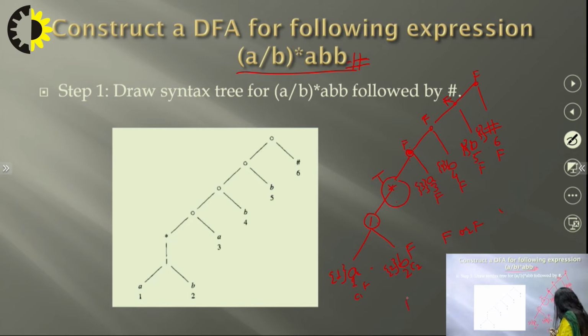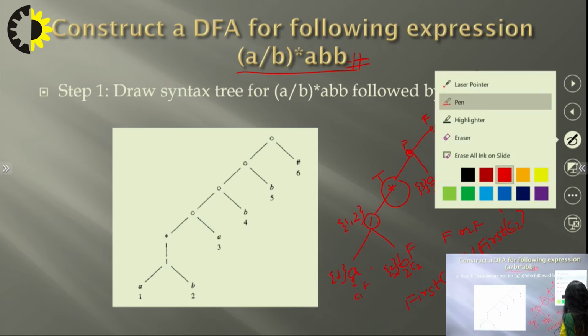So firstpos of C1 is 1, union firstpos of C2 is 2. So the firstpos of the slash symbol is 1, 2. Right?